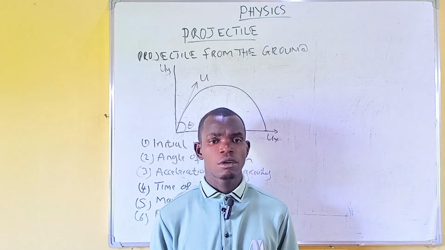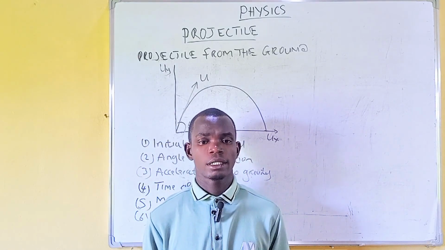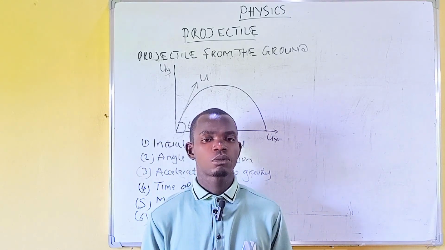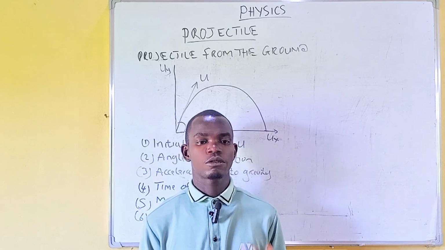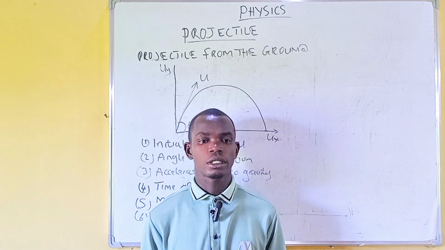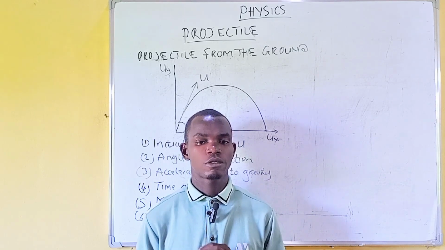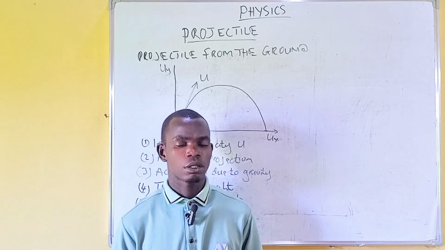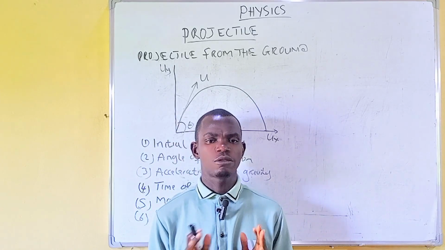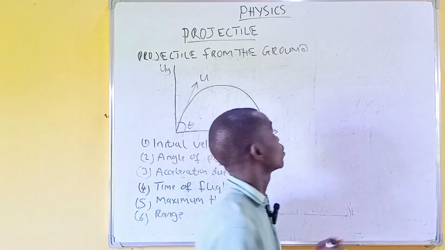The flight or motion of a projectile involves 2 components. We have vertical motion under gravity and a horizontal motion, where horizontal velocity remains constant. So let's look at the vertical motion.